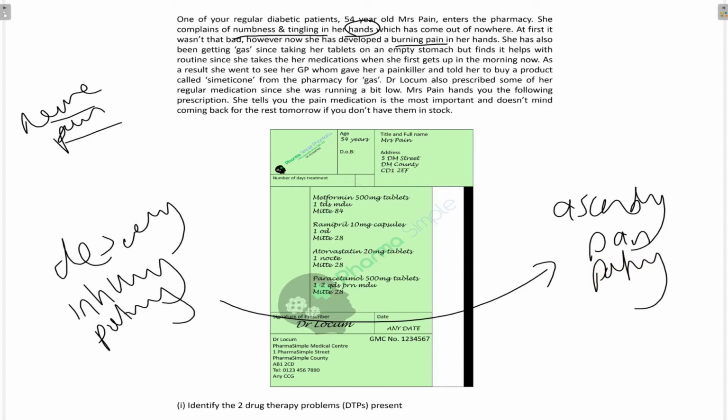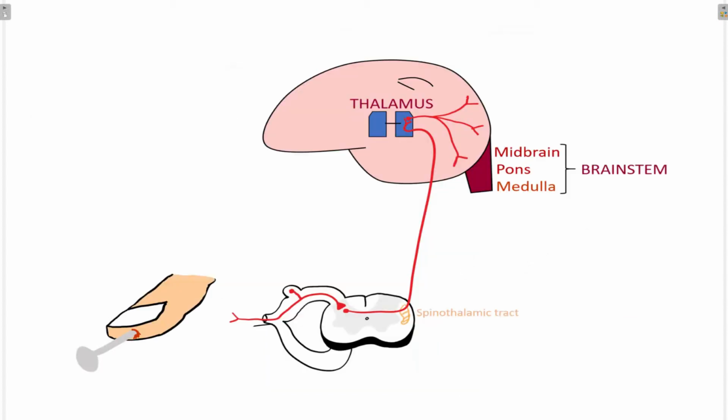The ascending pain pathway is just how pain is transmitted from the area up to the brain and processed.